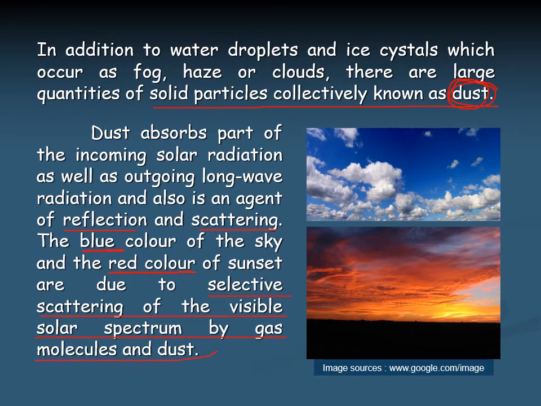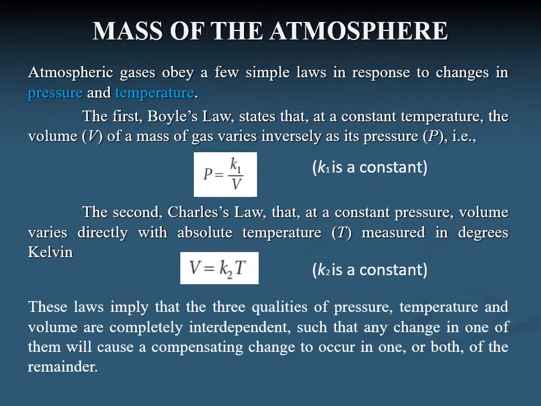Now, if you look at the mass of the atmosphere, there are some basic laws the atmospheric gases follow, and they change their physical states due to changes in pressure and temperature, following some very fundamental laws.